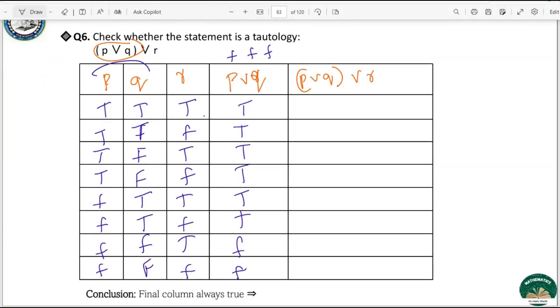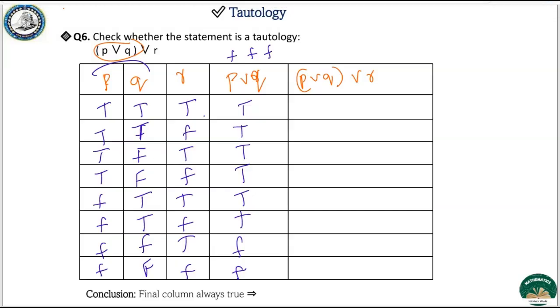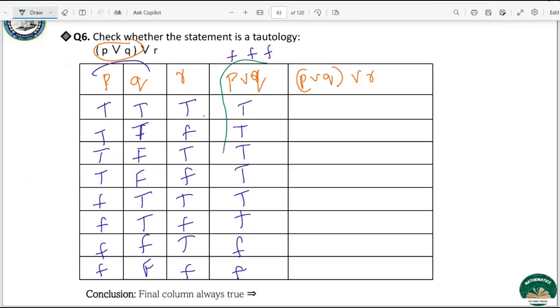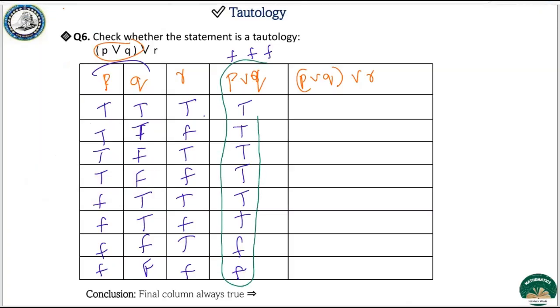Now we have to check for the second condition. So we'll be finding it for this P or Q, and we'll check for R, this column.